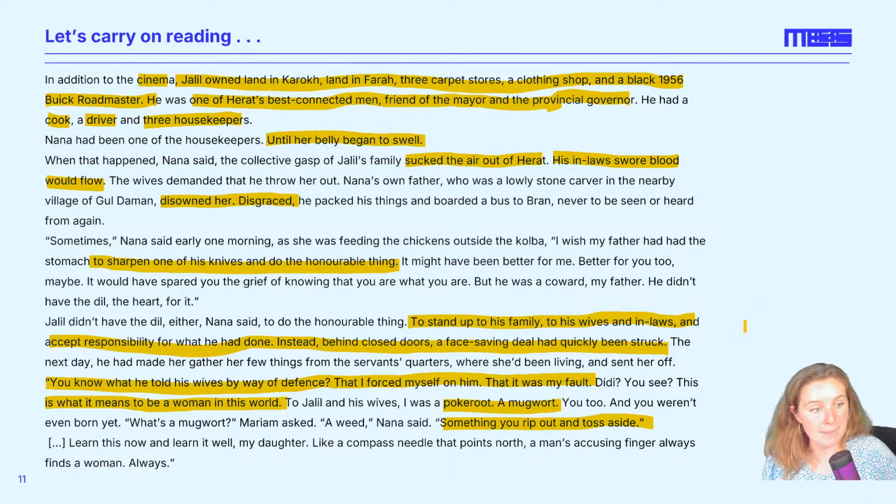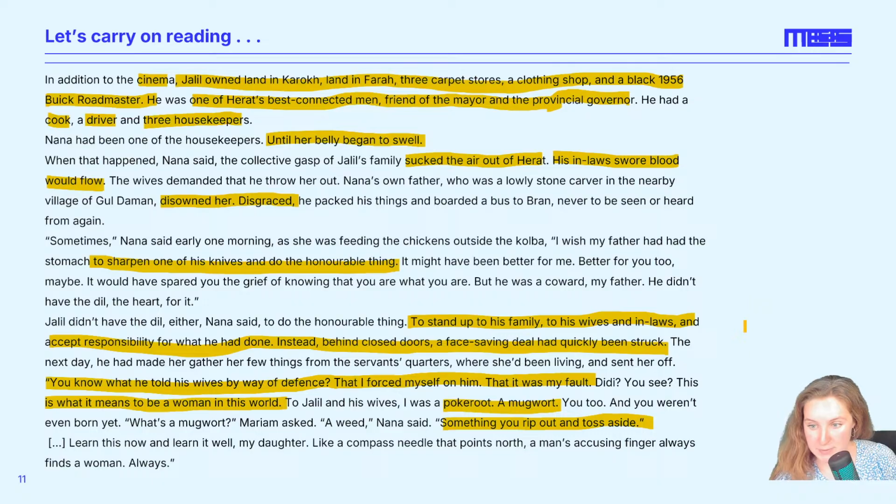Even if we're thinking about consent, the power dynamic here would make this a very tricky relationship to negotiate and suggest that Jalil could have used this power dynamic, the fact that he is so well connected and a man and her employer, that he did take advantage of his power and use it to sexually assault Nana or to force her to engage in sex with him. And notice the reaction as well.